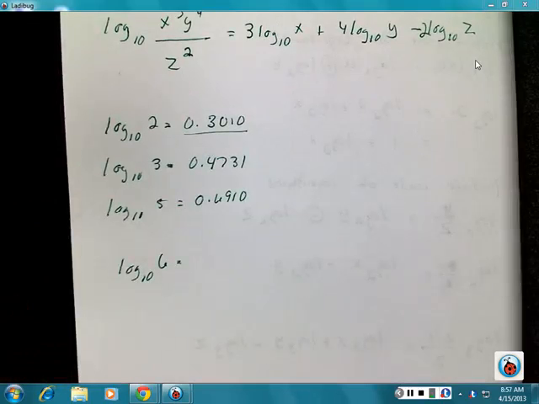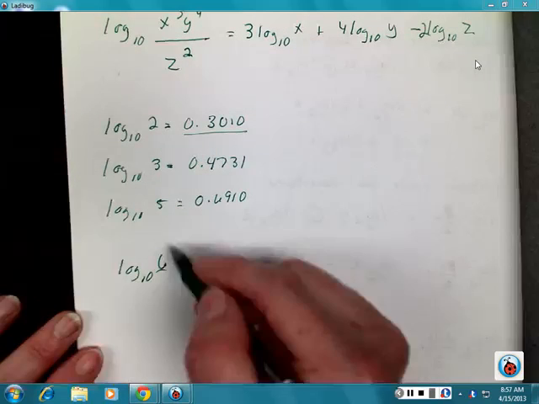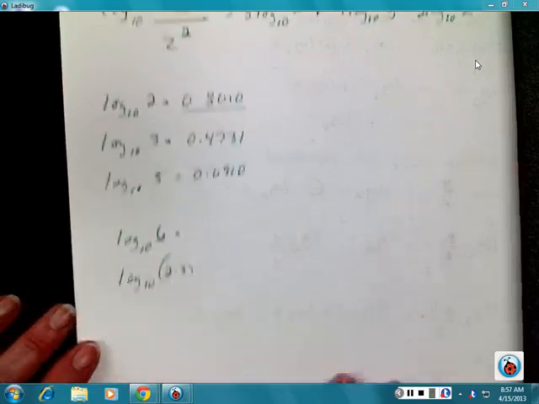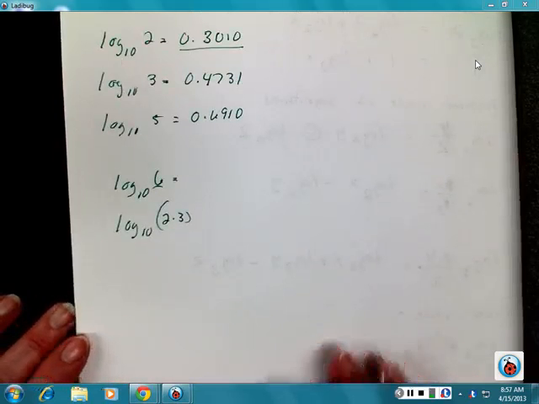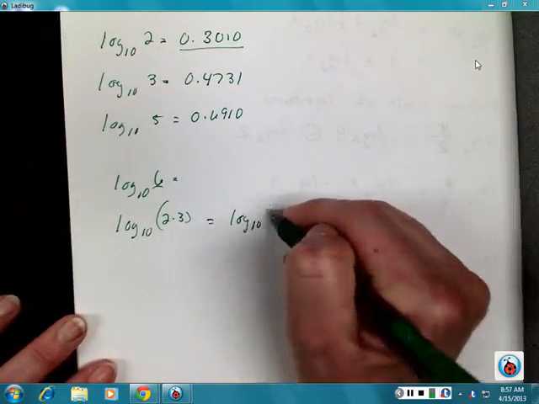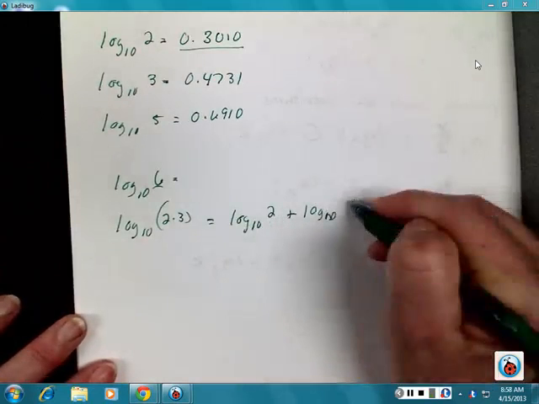If they give you log 10(6), well, 6 is 6, but I could break 6 apart into log 10 of 2 times 3. You see how we break 6 apart? 2 times 3. And that would give me log 10 2 plus log 10 3.